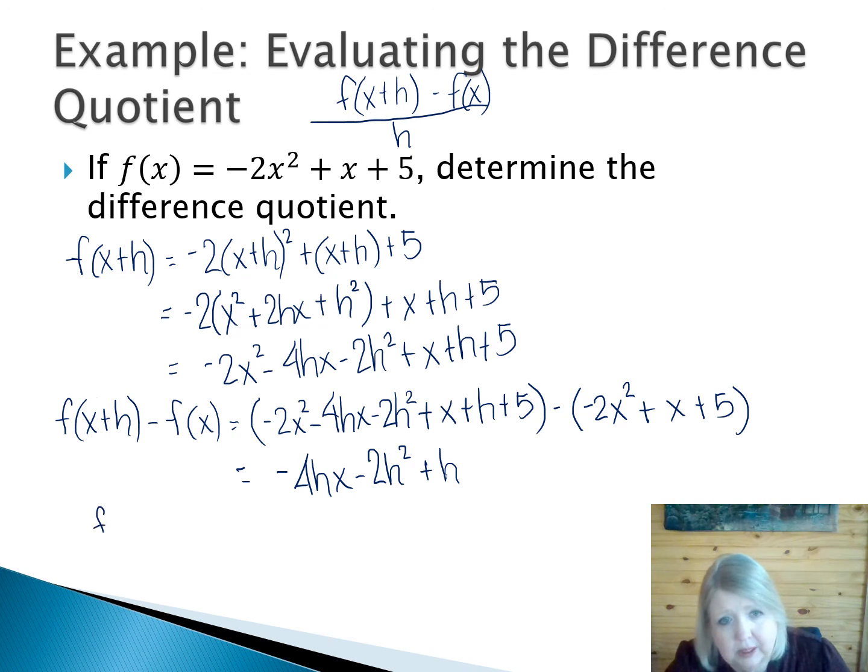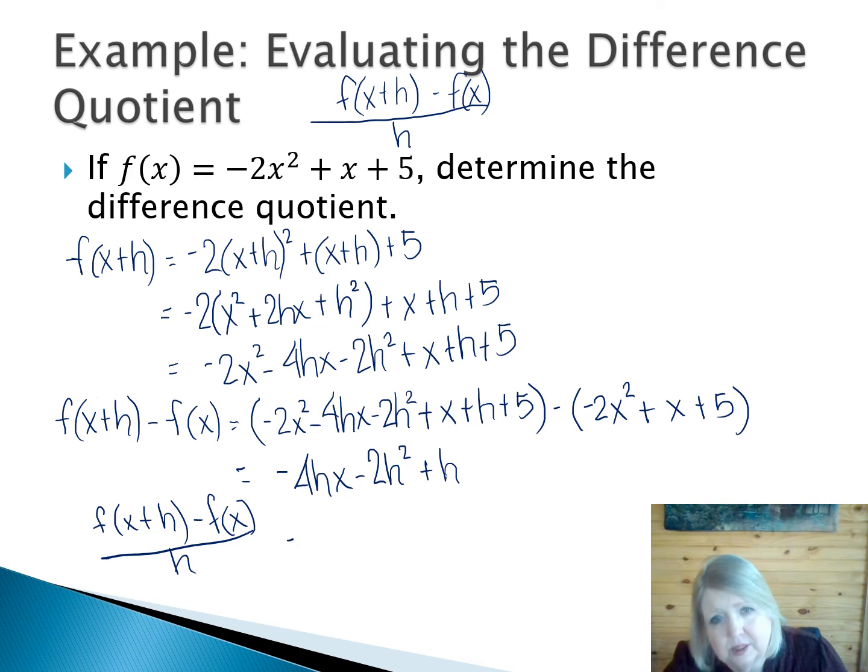Okay, and then I'm ready to complete my fraction. f of x plus h minus f of x over h. So this is going to be negative 4hx minus 2h squared plus h over h. And I'm going to break that down into the fractions.